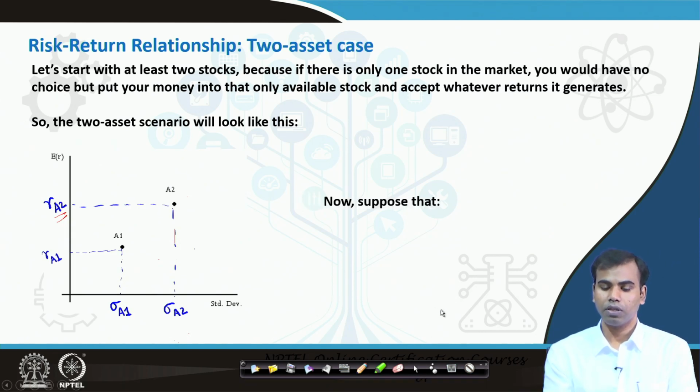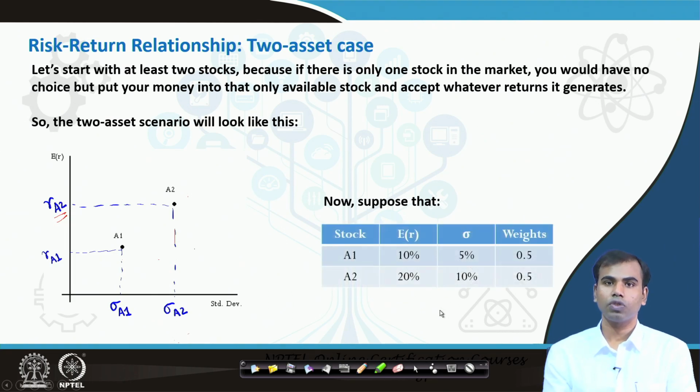Suppose asset 1 has a return of 10% with a sigma, or risk, of 5%, and asset 2 has a return of 20% with a sigma, or risk, of 10%. These are just arbitrary numbers, but for the sake of simplicity we have used them to illustrate the relationship between risk and return on a portfolio of two assets.